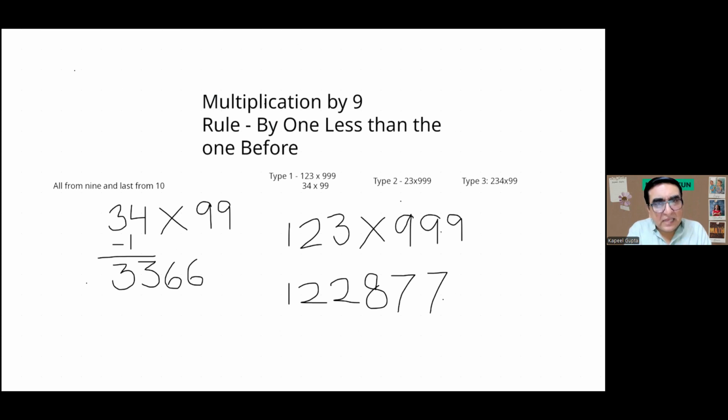Same rule I applied in 123 into 999. I subtracted 1 from 123 and got 122. Then again I used the complement rule, all from 9 and last from 10. So 9 minus 1, 8, 9 minus 2, 7, and 10 minus 3, 7. So I have the answer.